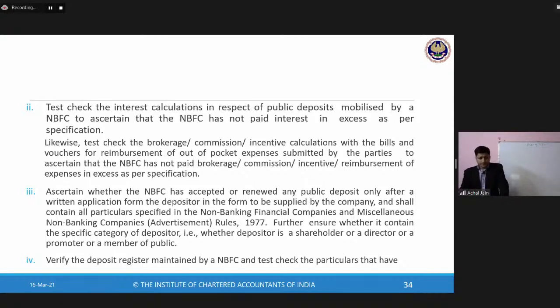Many a times, this is very common, it is found that even though an asset should have been classified as NPA, that has not been done. So all of such instances are required to be properly understood by the auditor. See, for an NBFC, what is their overall strength which is reflected in the financial statements? The assets which they have got. It's like any other company.